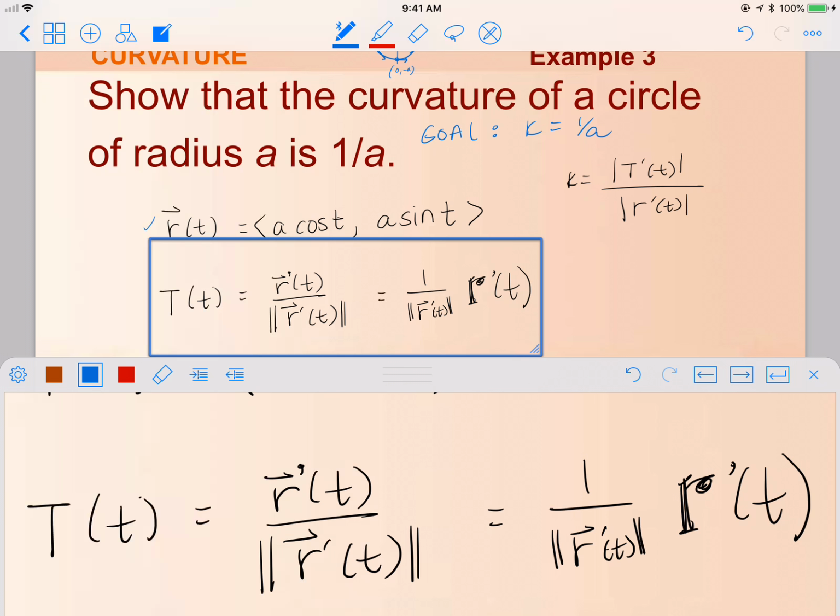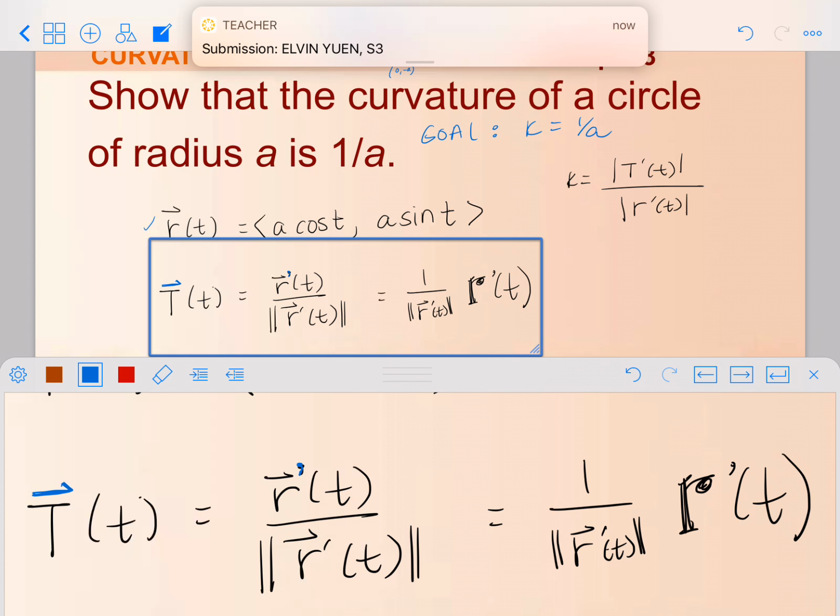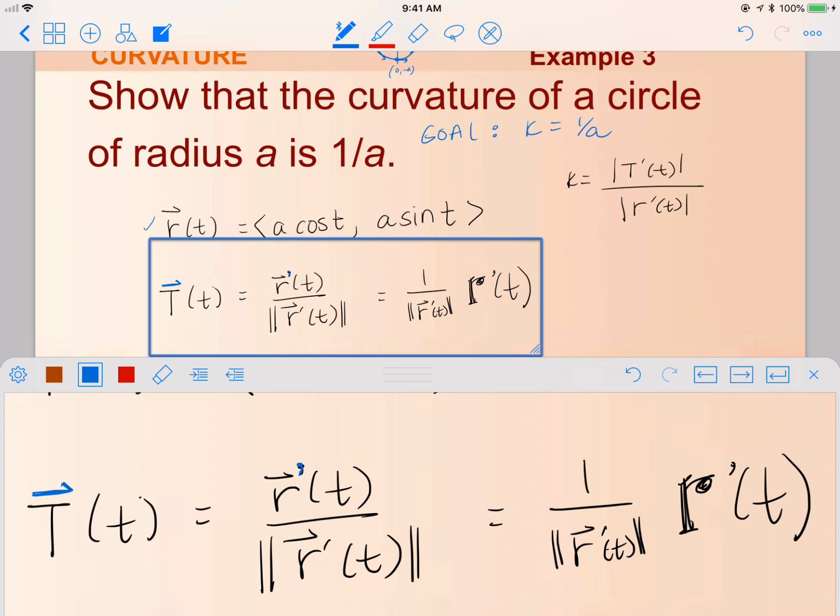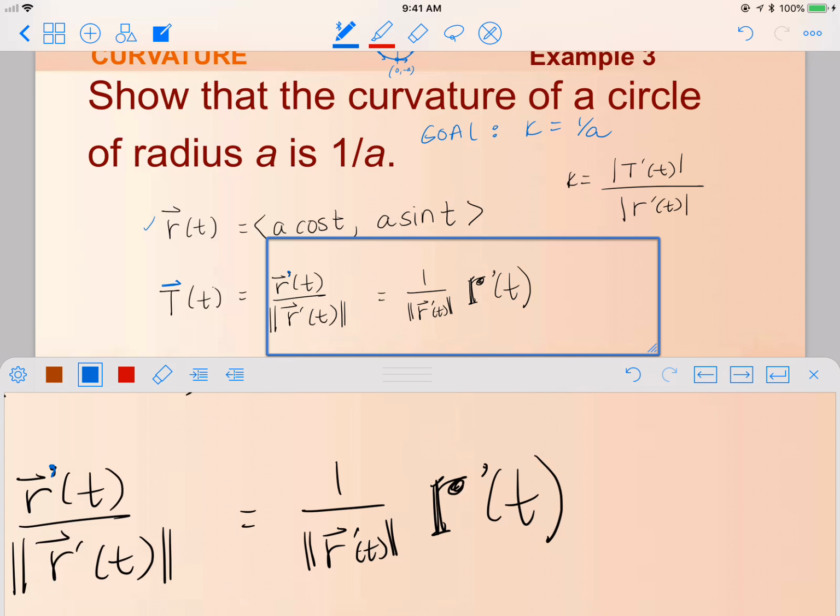And now what about T of t? Now remember, that should be a vector. Okay, so T of t is going to be the derivative vector over the length of the derivative vector. We're just taking that derivative vector and scaling it by 1 over the magnitude.